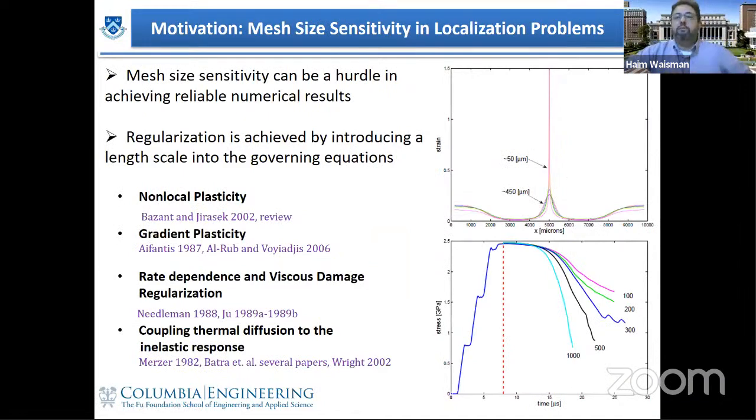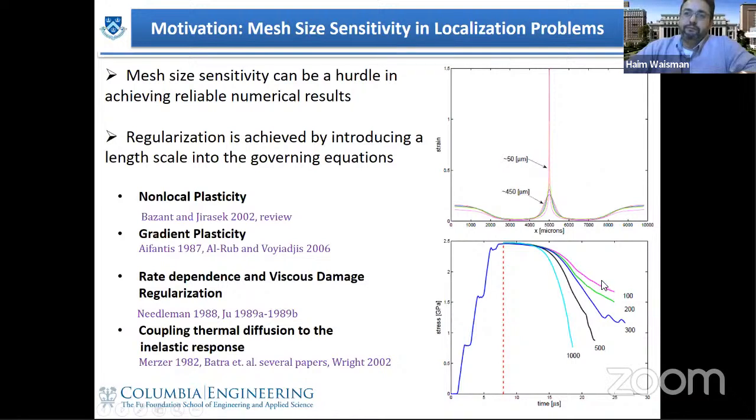Now, if we want to model shear bands and any other localization problem, then we should be aware that one can have mesh sensitivity, which means that if you refine your mesh and you take more elements, counterintuitively, it's not converging, but it's diverging.